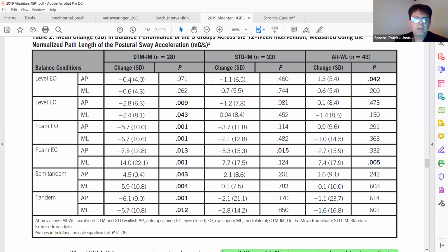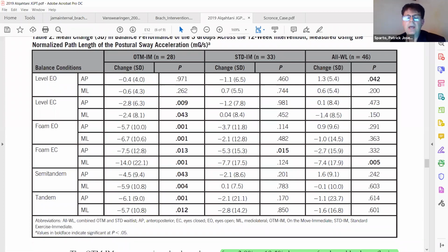The minus signs are indicating a reduction in body sway, and this is typically considered to be an improvement in balance. So in effect, they have more control over their body during all of these conditions during the clinical test of sensory integration and balance, and also in semi-tandem and tandem stance.